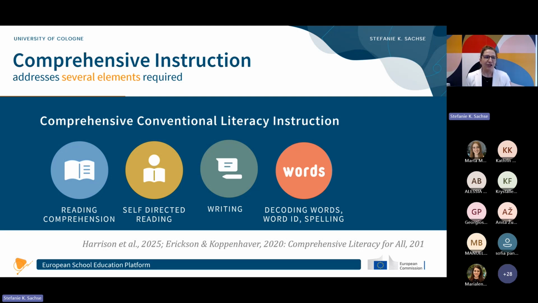The recommendation for this comprehensive conventional literacy instruction is to have a focus on four areas each day: reading comprehension, self-selected reading, finding what I like and reading that for some time, writing, and this focus on words, working with words, decoding words, word ID, spelling.